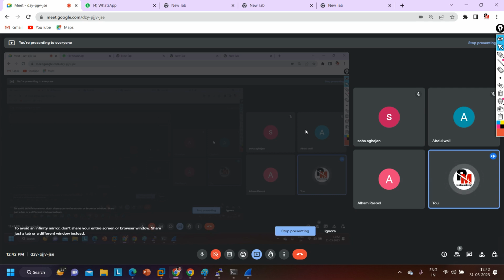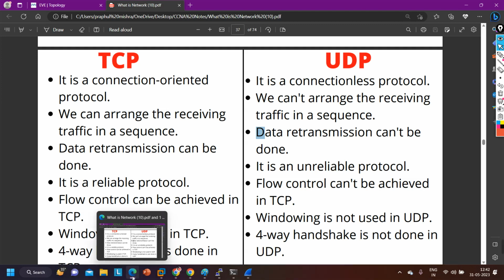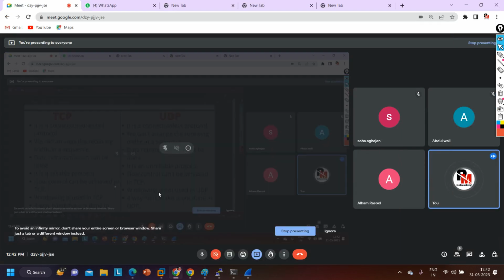Because the sender and receiver machines have information about how much data the receiver has received. Getting my point? Now it is also clear when we need to use TCP and when we need to use UDP. When we need fast communication, like in a video conference, reliability is not my concern.